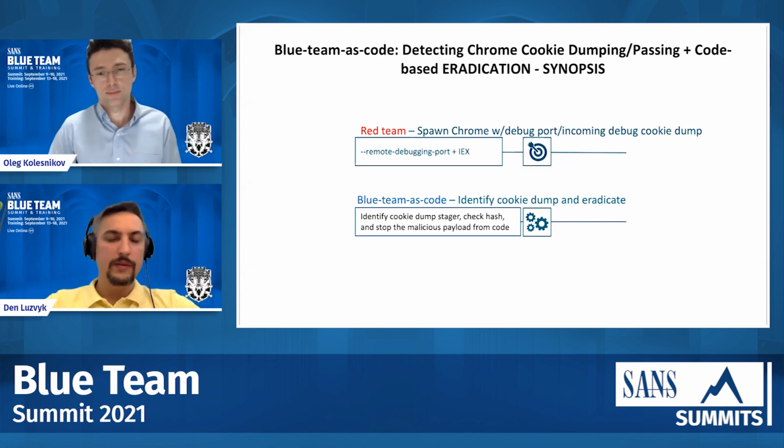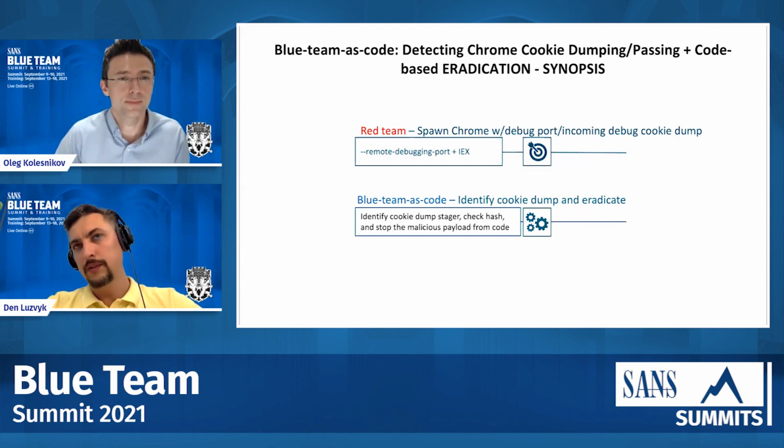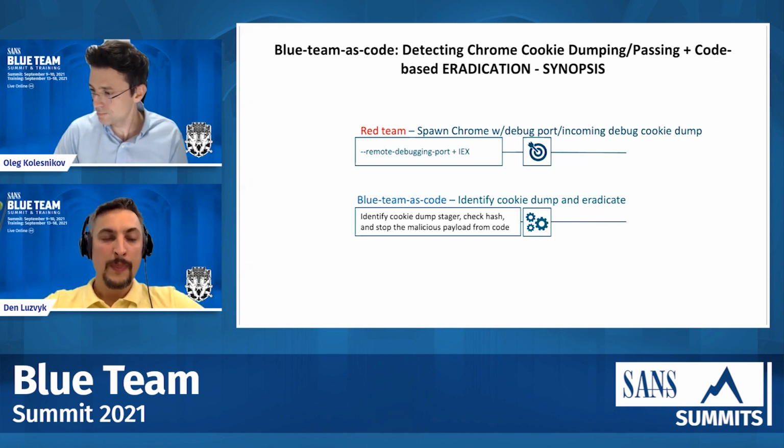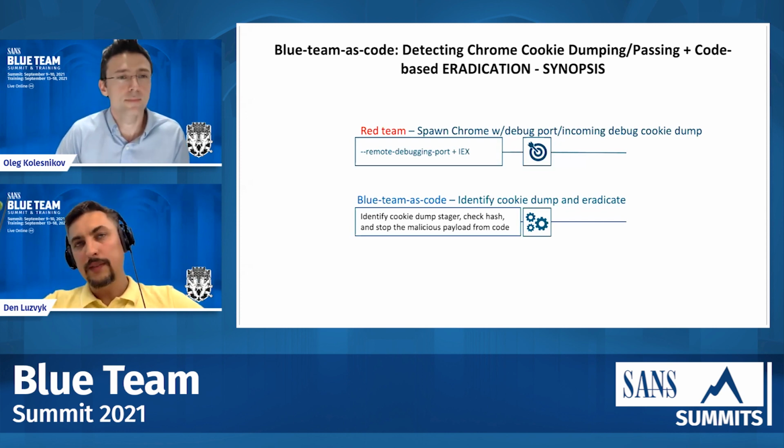One way to extract cookies is to launch the Chromium browser in remote debugging mode and send API requests to get all unencrypted cookies. The BlueTeam objective is to detect cookie dump attempts, find beacons, and remove the malicious payload.